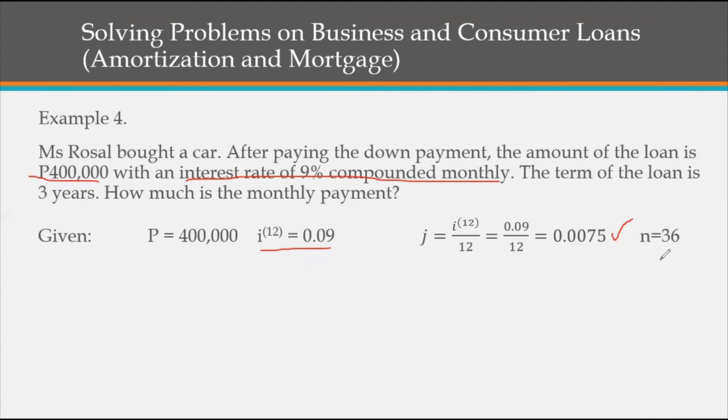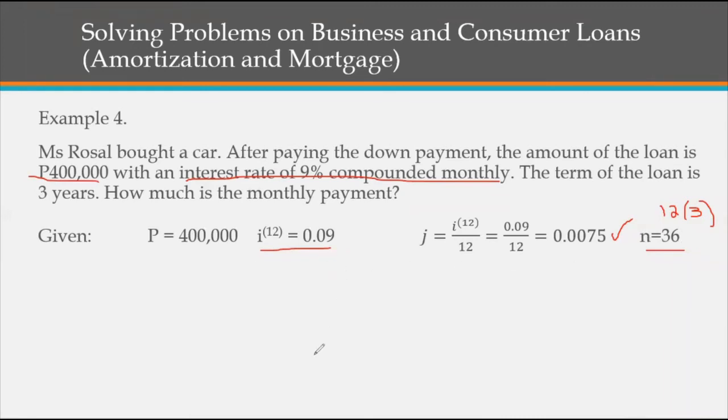Next is, the total period naman natin ay 36. Nanggaling naman ito sa 12 yung month at yung for 3 years. Monthly, 12, 3 years. So 12 and 3, meron tayong 36 yung ating periodic period or yung period of payment.